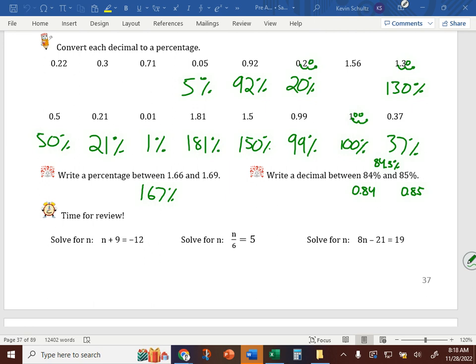Okay, the percentage 84.5% is between 84% and 85%. But if I have 84 cents and you've got 85 cents and someone says, well, I've got $84.50, 84.5 isn't between those two decimals, right? It's a very different decimal. It's 84 wholes, right? And then 0.5 after that.